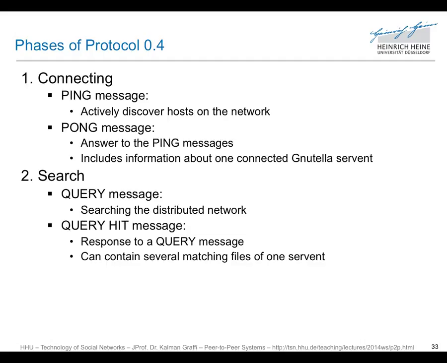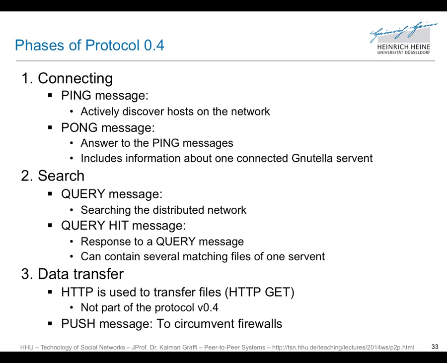Now you know which nodes have the files that you want, and you want to establish a connection to them. How do you do it? For that they use the HTTP protocol. So they suggest that you use HTTP GET to connect to those nodes and to download the files.